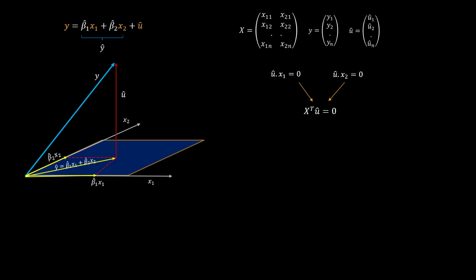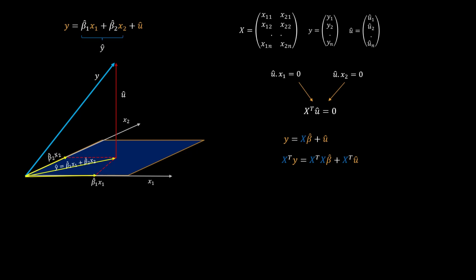The 2 vector equations can be combined into a matrix equation. Now our sample regression equation can be written using matrices, as we saw in the previous video. Let's pre-multiply X transpose on both sides.